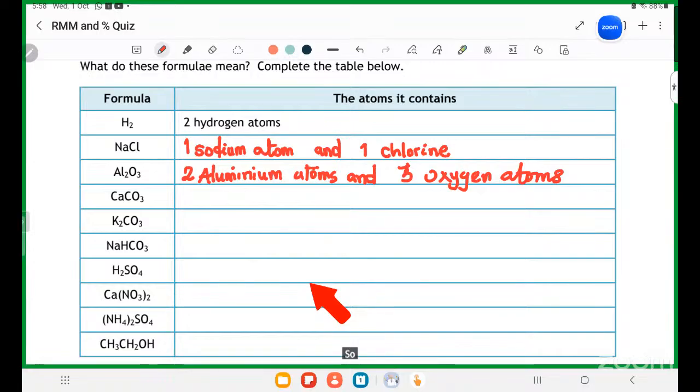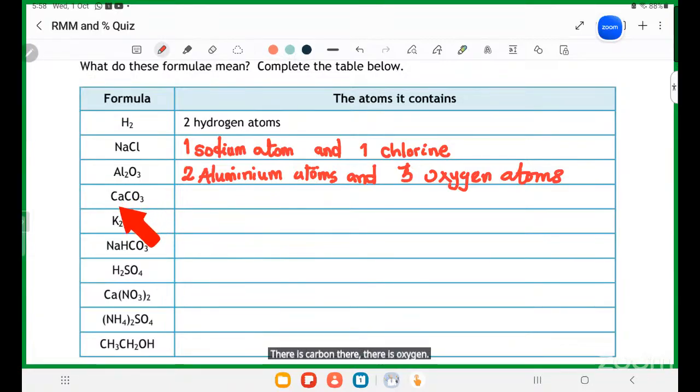So, what do you put for this? One calcium atom and three carbonate atoms. Hmm, that's not correct. There is carbon there. There is oxygen.